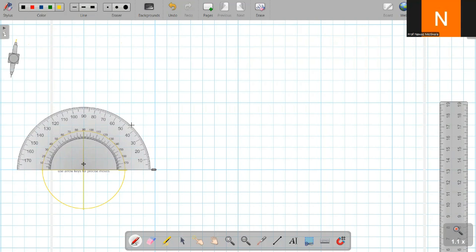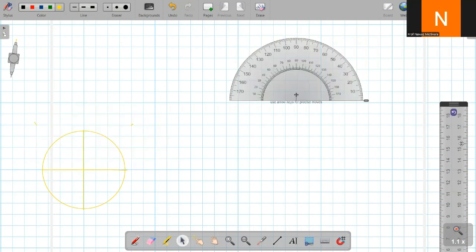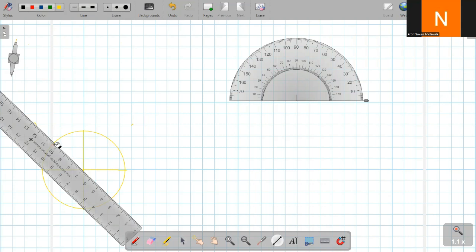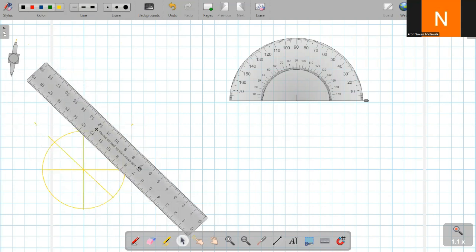So 45 is here, marking this side, and similarly 45 from this side, it comes somewhere here. And this is the point. Then by using the scale, we need to draw a line, and similarly from this side.